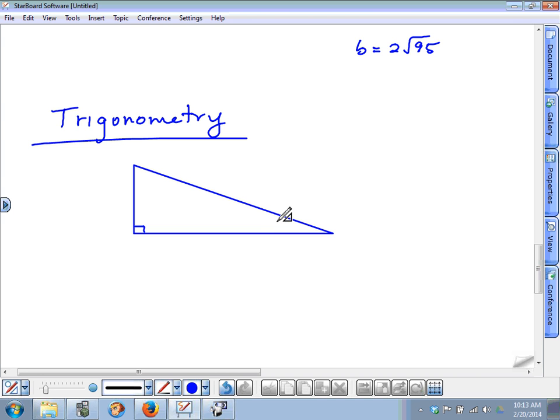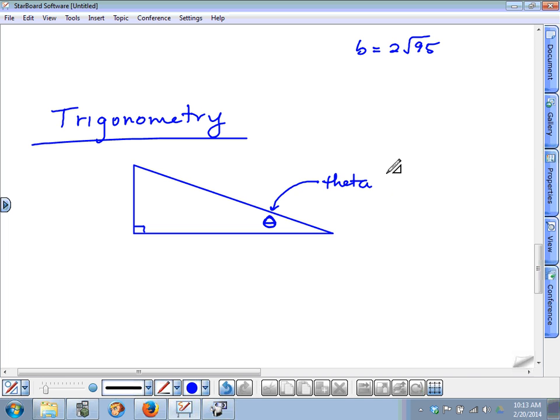Now I want you to put this symbol right here. It's just a circle with a line through it. It's a letter in the Greek alphabet. It's called theta.